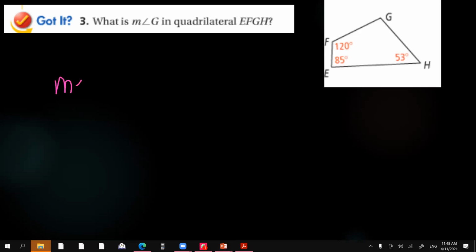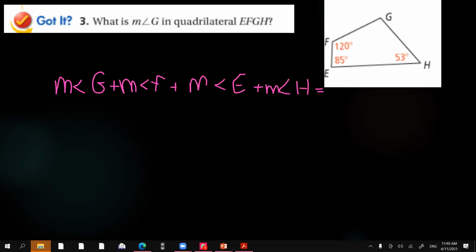I will add the measure of angle G plus the measure of angle F plus the measure of angle E plus the measure of angle H. What is the summation of these angles? 4 minus 2 multiplied by 180. Bravo. 4 minus 2 times 180, which is 360. So the summation of these angles is 360.